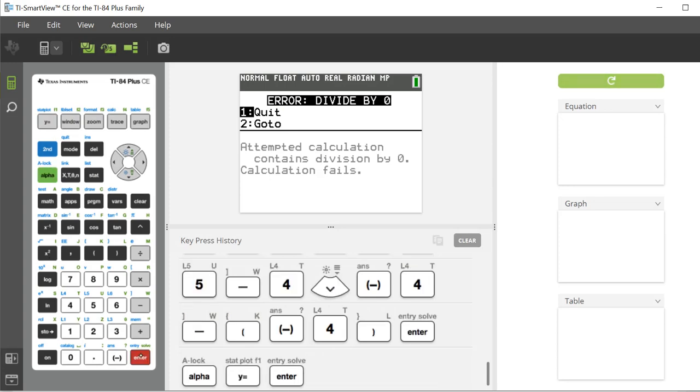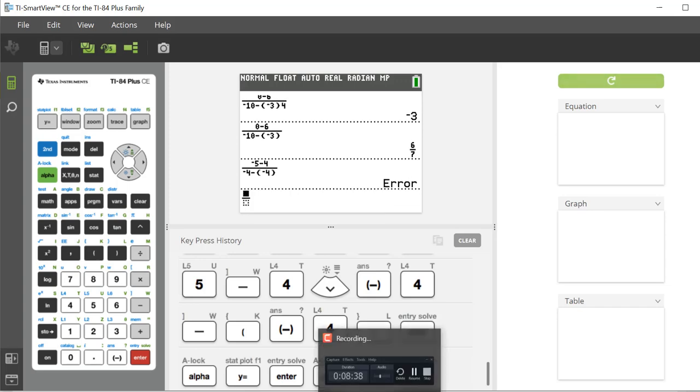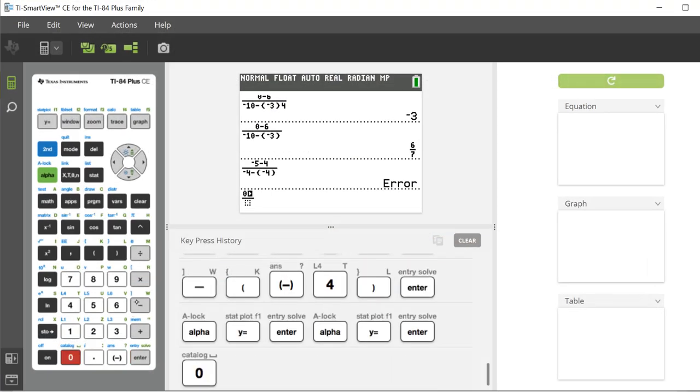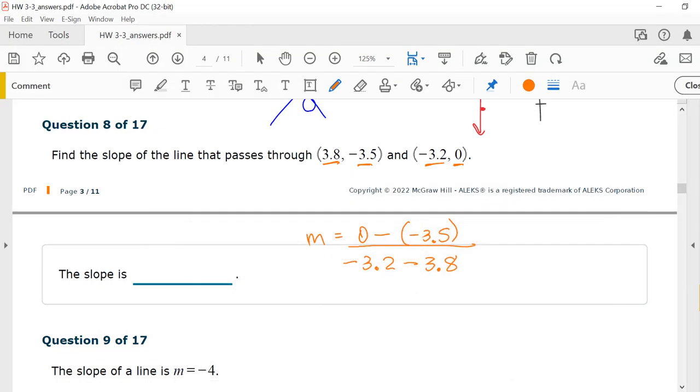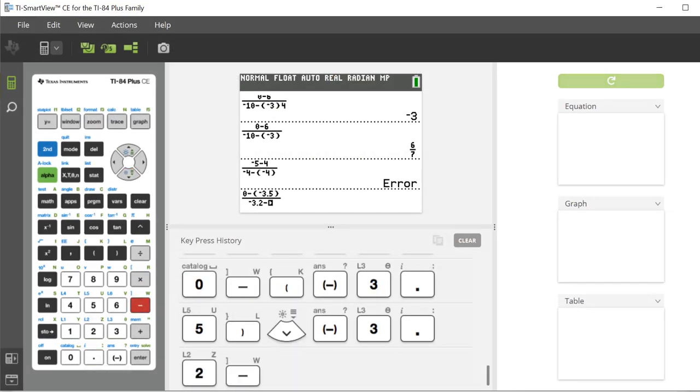Here comes the fraction. We're going to do 0 minus -3.5 over -3.2 minus 3.8.